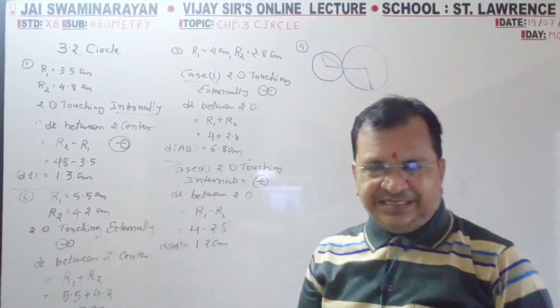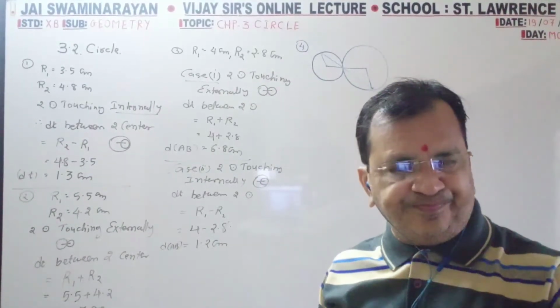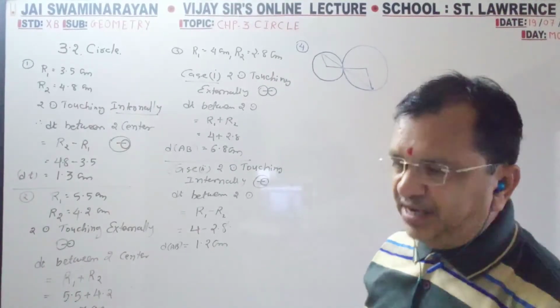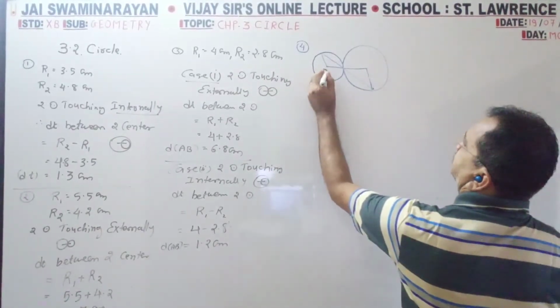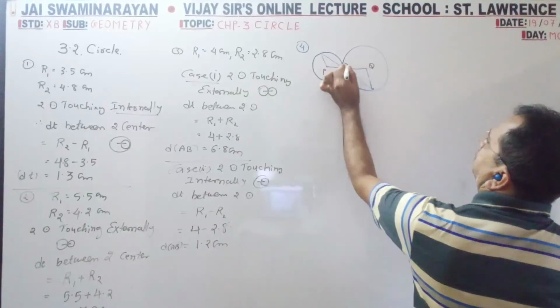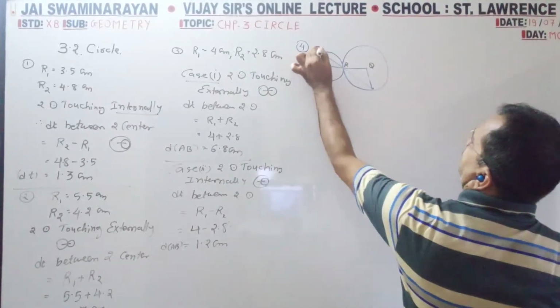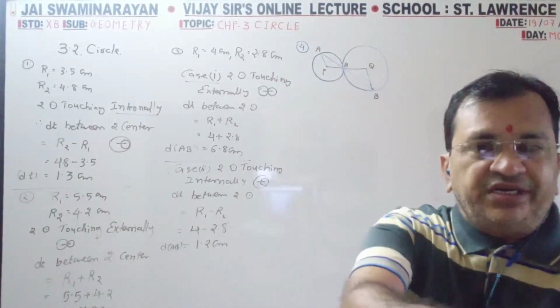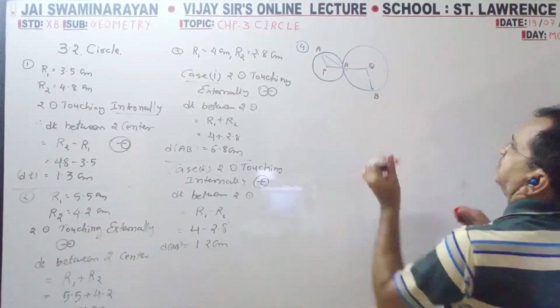Okay, now P, Q, R, A, B. This is P, this is Q, this is R, this is A, this is B. Now try to understand the diagram first.